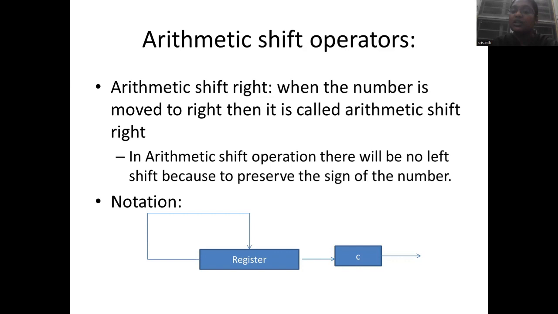In order to preserve the sign of the number, we don't have any arithmetic shift left operation, and the notation of the arithmetic shift operators is as follows. Here the register containing the data and the carry bit is placed. Here the data is moving towards the right.